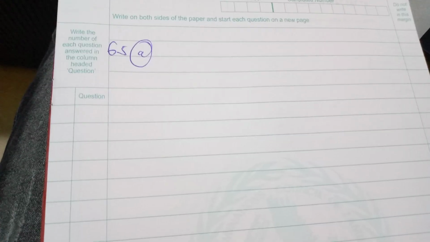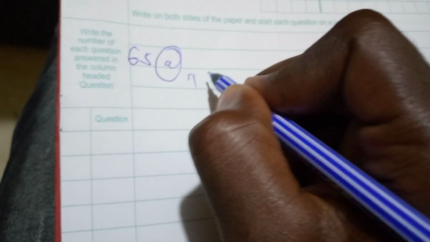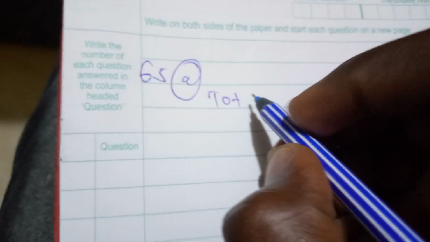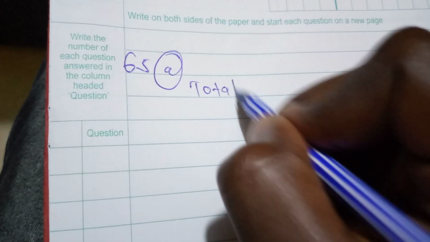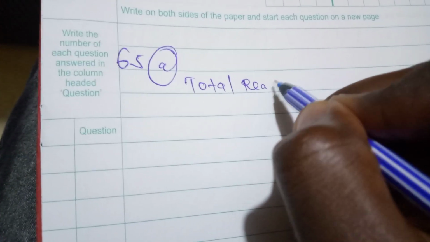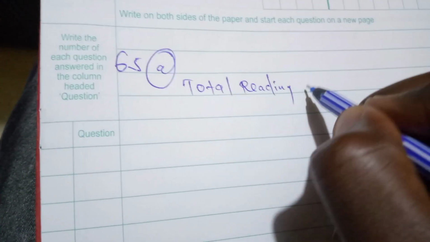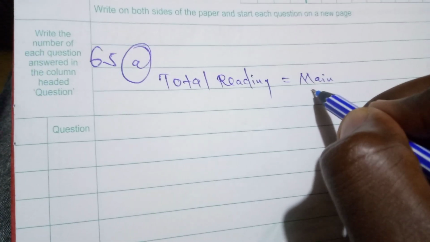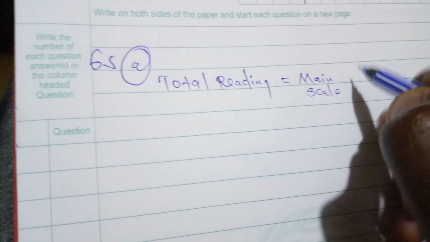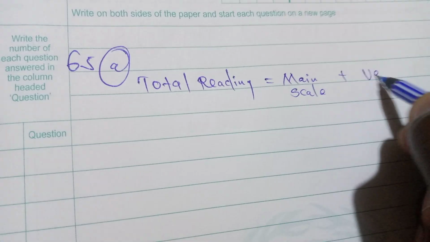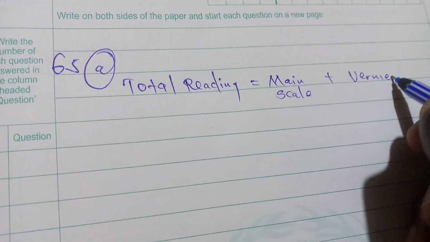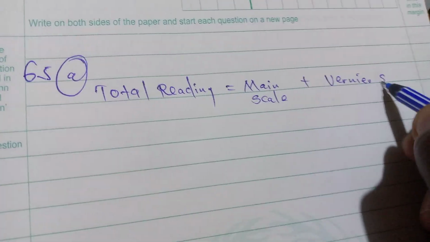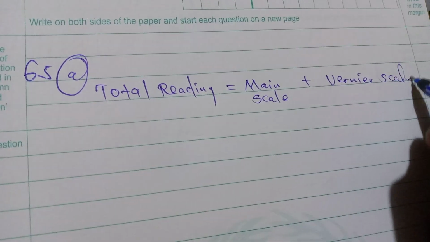So we start. To find the total reading, you write the formula: total reading is equal to the main scale figure, you add it with what? Vernier scale figure.